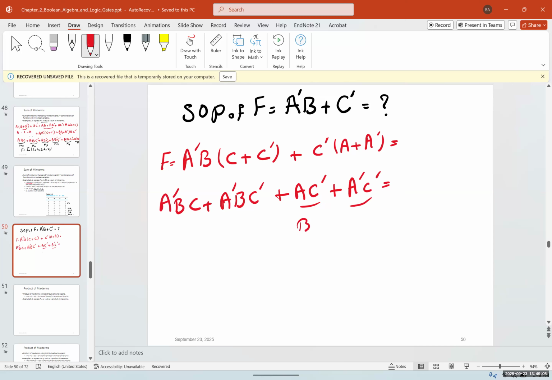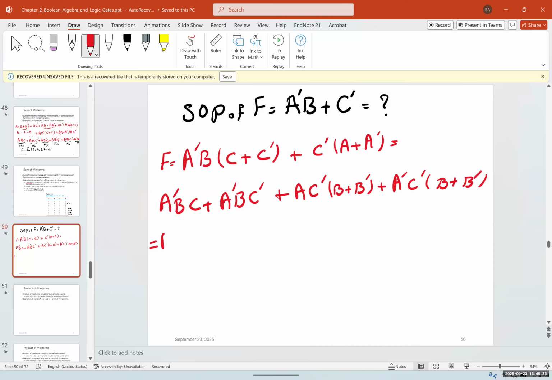Again, these two terms are missing b. So again, I'm going to write it like this. I'm going to multiply these two by b plus b prime. So this multiplied by b plus b prime, and also a prime c prime, again, with b plus b prime.